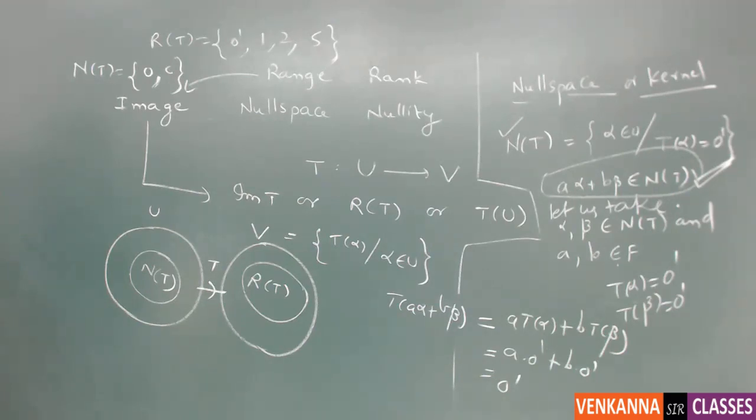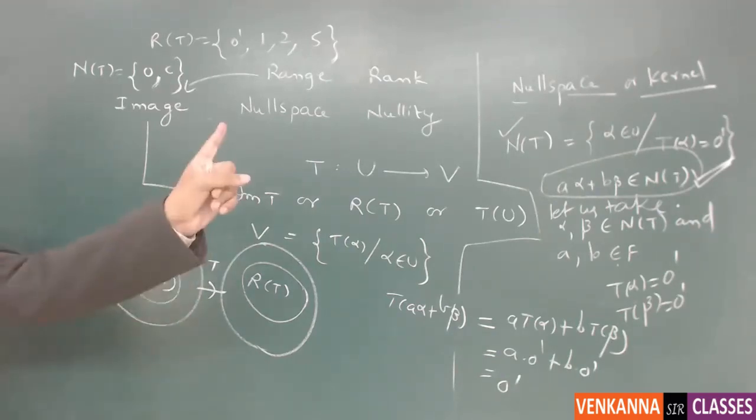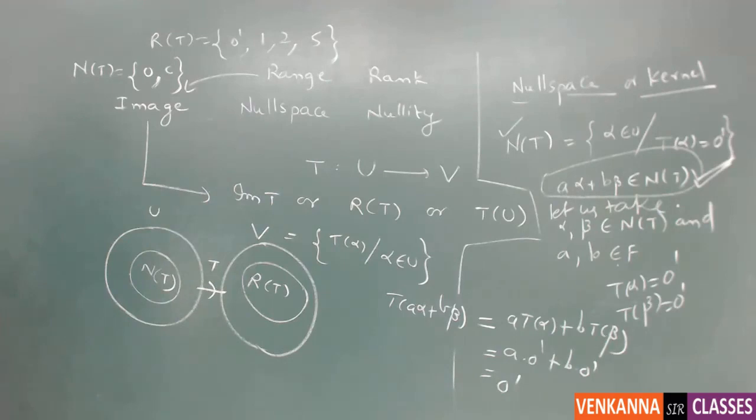All right. Now, let us go with the part that what is meant by rank and what is meant by nullity. As we have observed, N of T is a subspace in U, R of T is a subspace in V. For every vector space, we can find the basis.